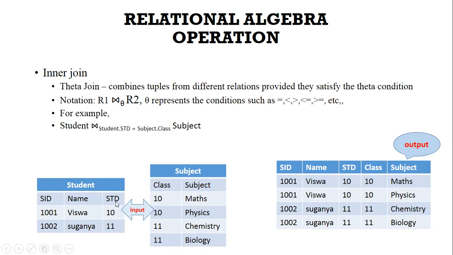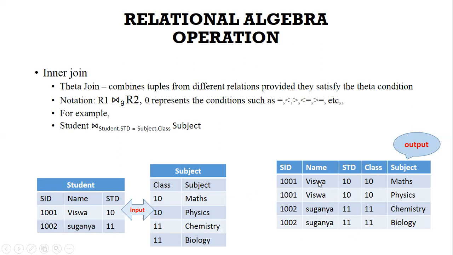If the standard from the student table and the class from the subject table are equal, we have to produce as output all the rows where the standard and class are equal. You see here in the student table, the standards are 10 and 11. The standards 10 and 11 are also mentioned as class 10 and 11 in the subject table. So those will be mentioned in the output.